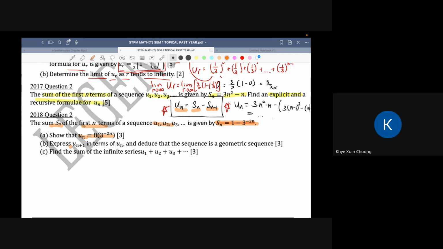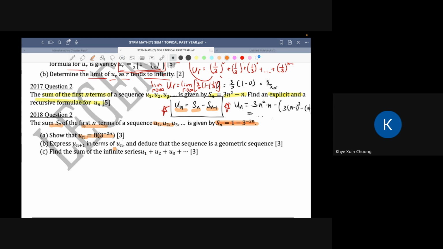You can find Un plus 1 in terms of Un. This is actually the recursive formula. So I say that for recursive formula, there are only two types. Either it is arithmetic progression, it will ask you to find the recursive formula, or geometric progression. If it is arithmetic progression, we find the common difference.